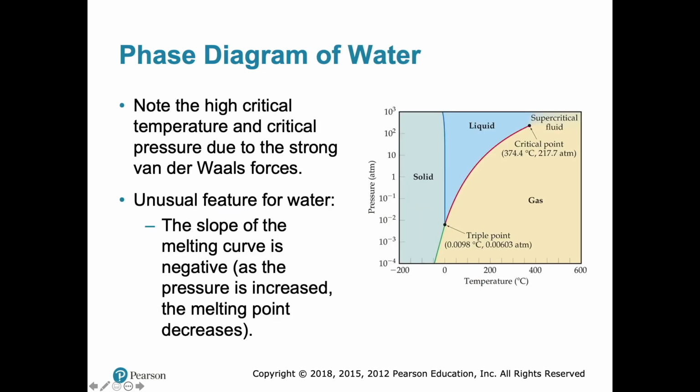So let's take a look at the phase diagram for water real quick. Again, the most important things you need to know are going to be over here, right? So here's water, and notice there's the triple point of water, right? But we very rarely ever get this low in temperatures, and we very rarely ever get this low in pressures.